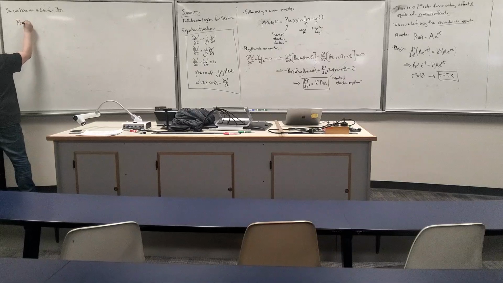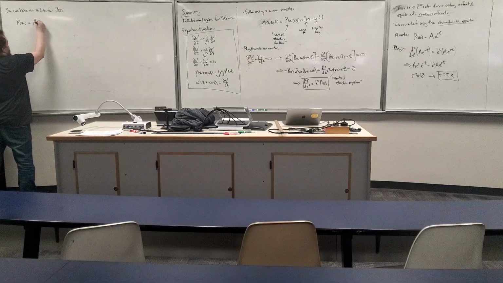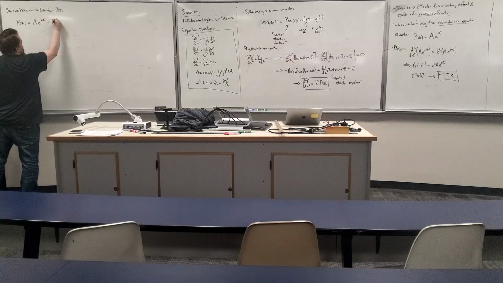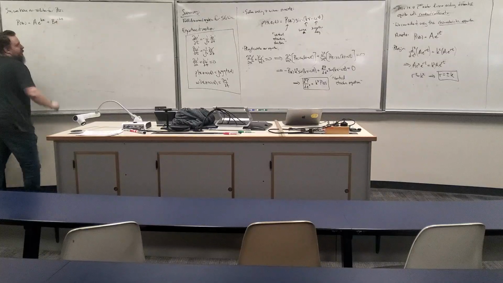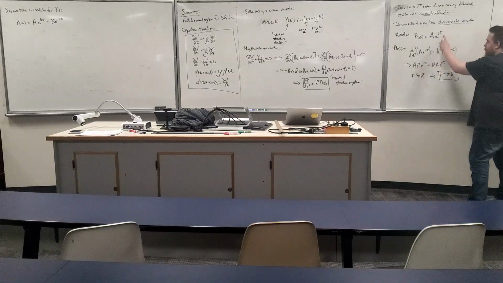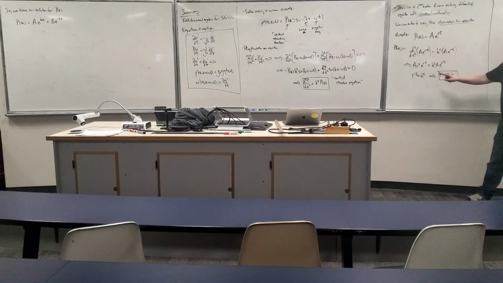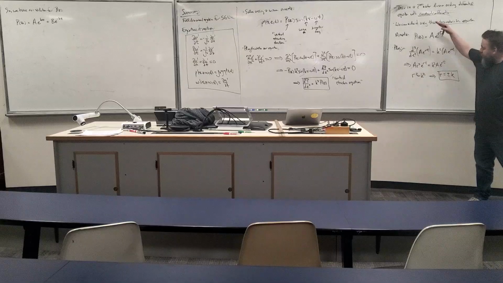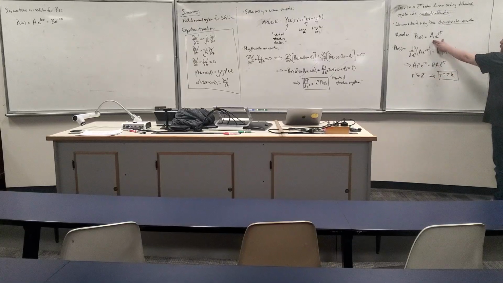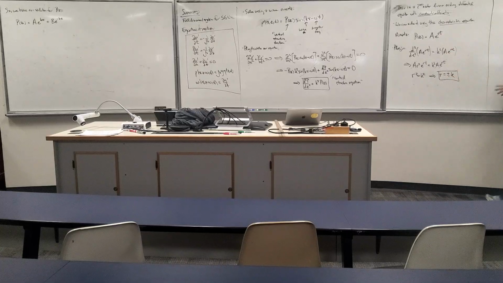P of z equals A e to the kz plus B e to the minus kz. So we found there were two solutions here. We plugged in e to the rz, and then we found out after taking the square root that to get this equation to be true, r squared equals k squared, which came from putting our ansatz into our structure equation. We found that for this ansatz to work, this exponential parameter r has to be equal to plus or minus k, which is the wave number in the x direction.